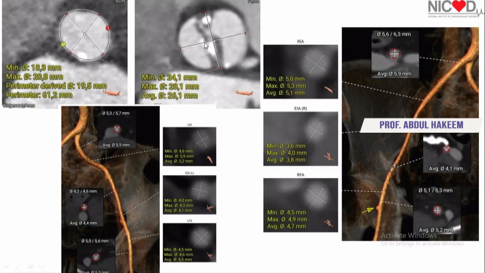Before selecting the patient, we have to do the CT scan to see the perimeter and the cusps, and you have to see the peripherals like the access site. If you are planning for retrograde access, like femoral, you have to see the size of the vessel and the external iliac.